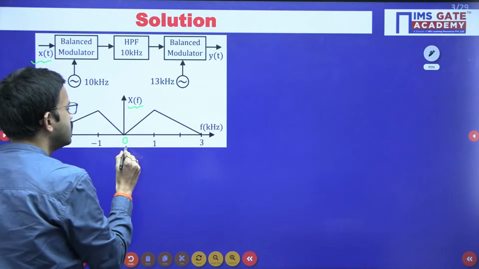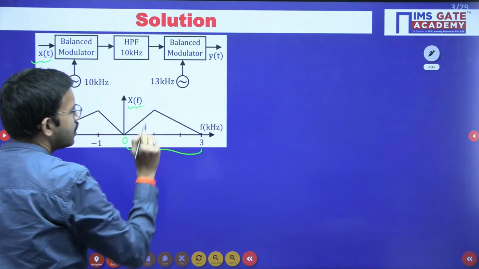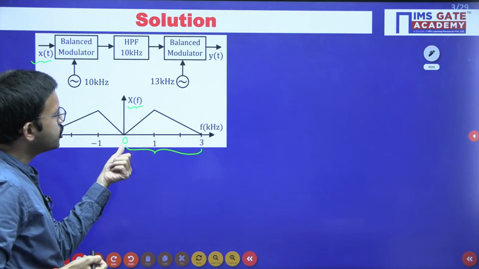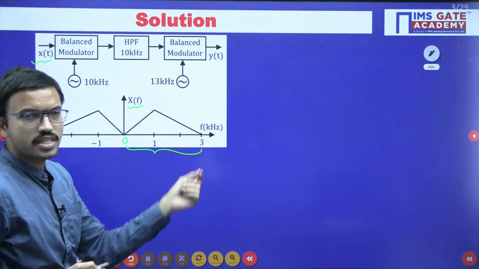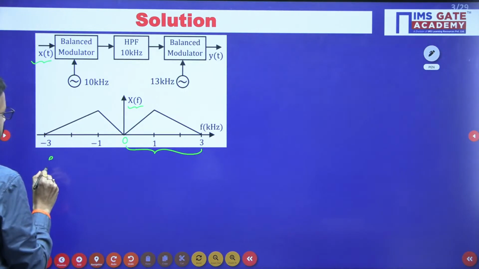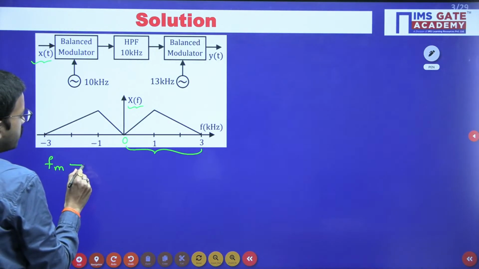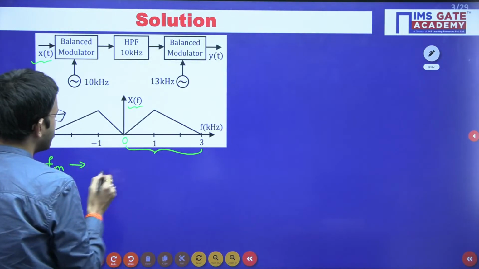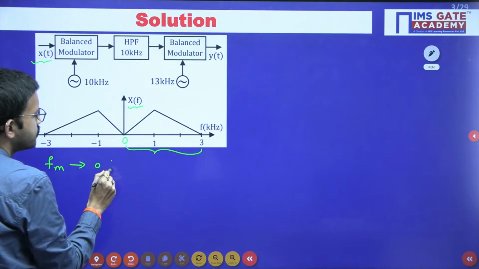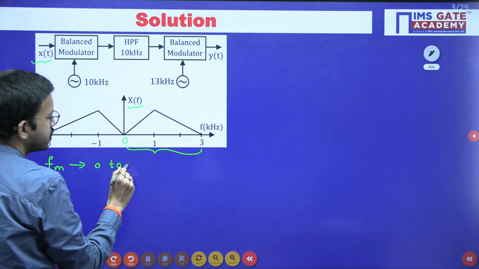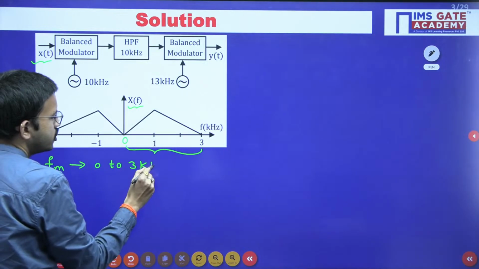Here you have the spectrum lying from 0 kilohertz to 3 kilohertz. So regarding the message signal, the corresponding frequency we are operating is from 0 to 3 kilohertz.